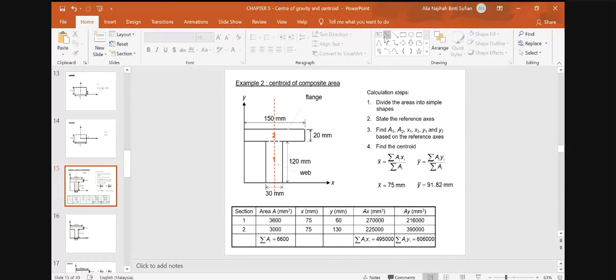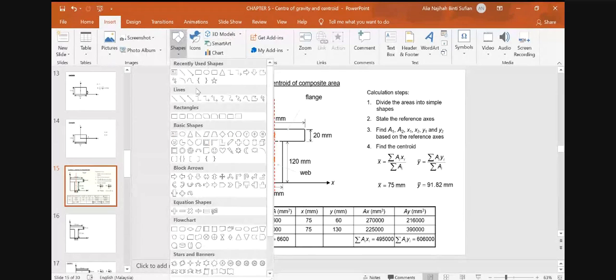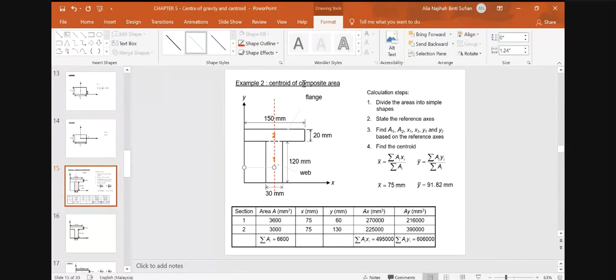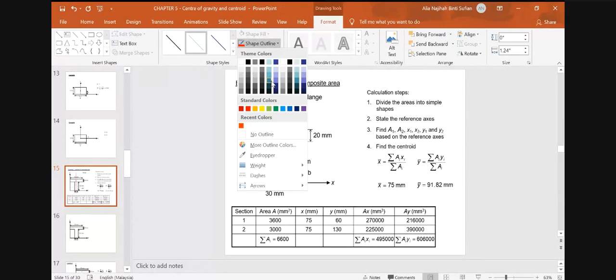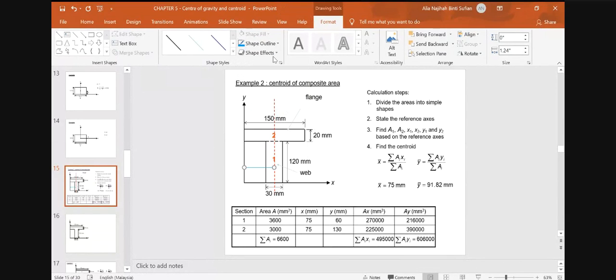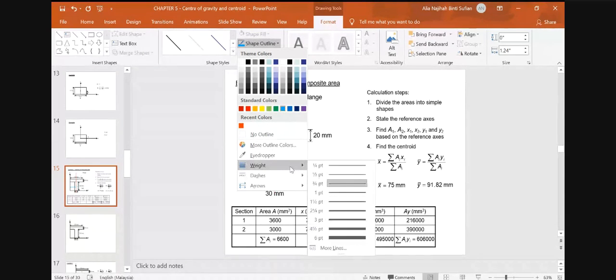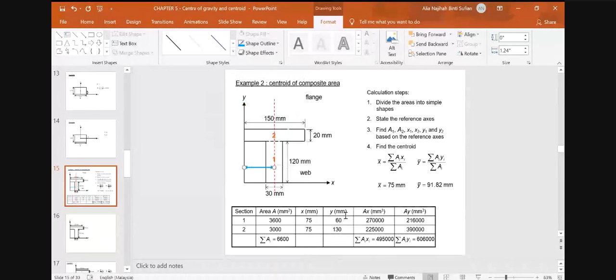Okay, this is the distance of the x bar.